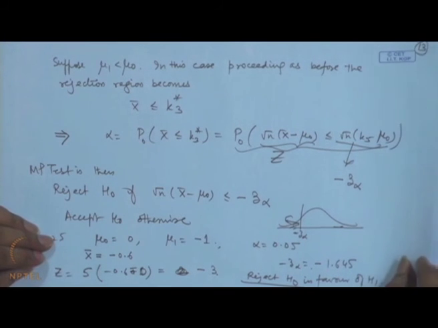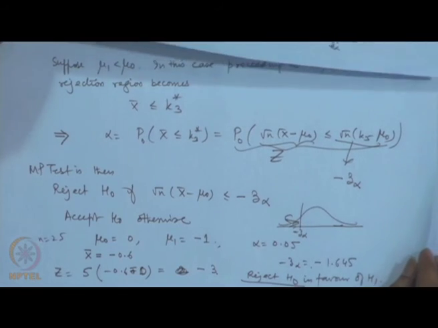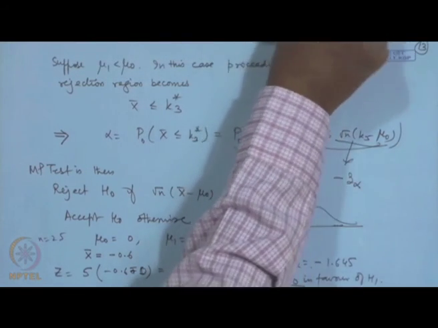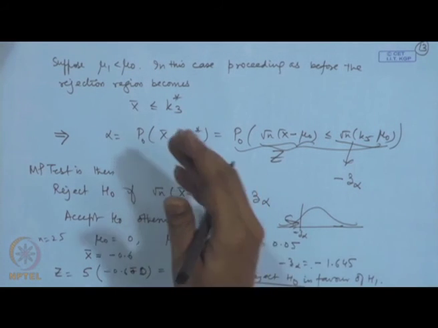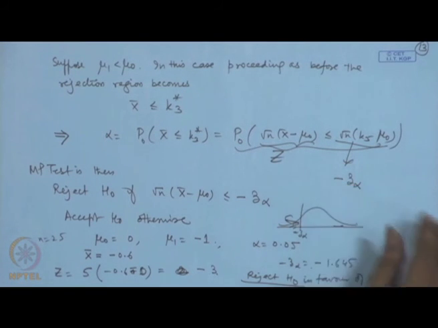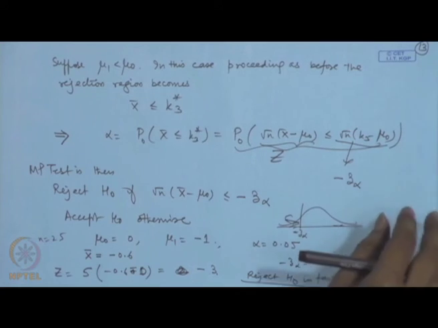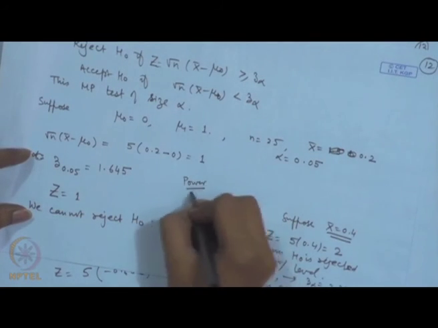Now, the problem that I have discussed can be easily seen to have wider ramifications, and of course, in both the cases we can calculate the power of the test also. What will be the power of the test? For example, in this case let us see the power. What will be the power here?